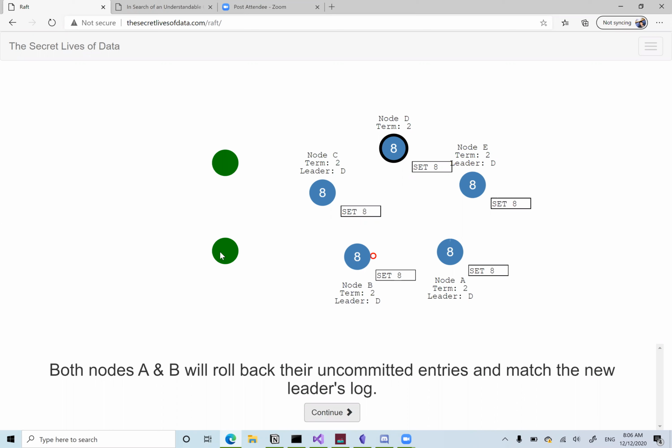And now when the network partition has healed, this overall system is not visible to these nodes. They can only talk to the leader, right? So now this node can also only talk to node D, which is the leader. So that's why things will work fine.